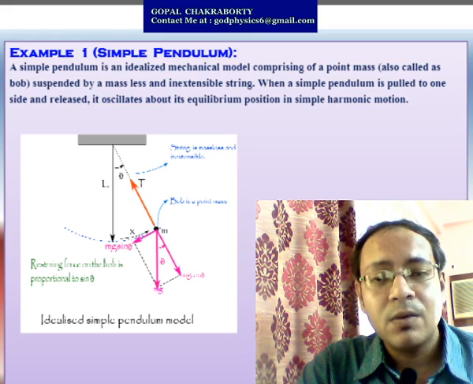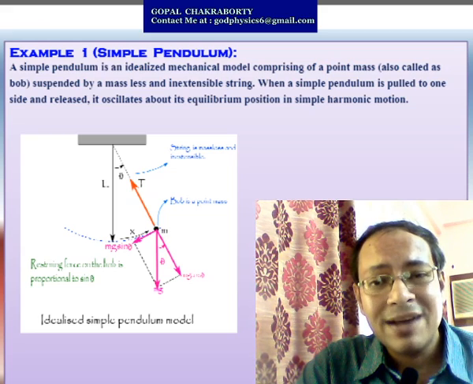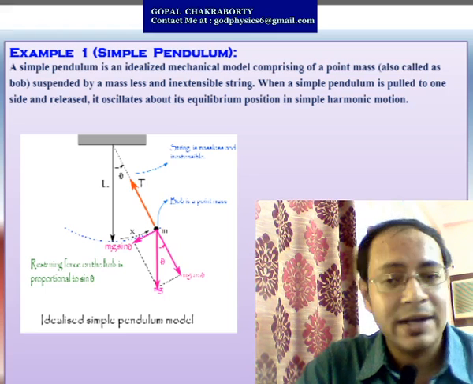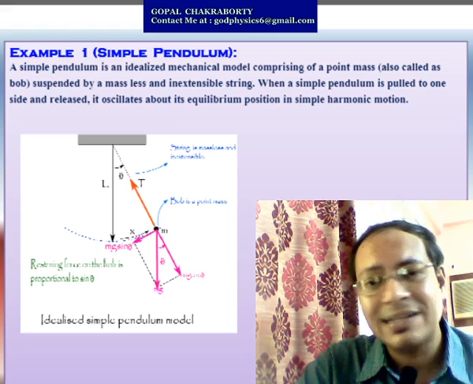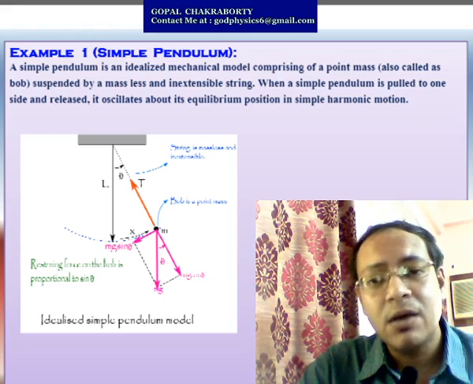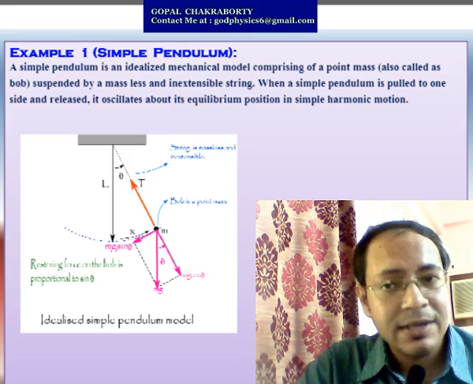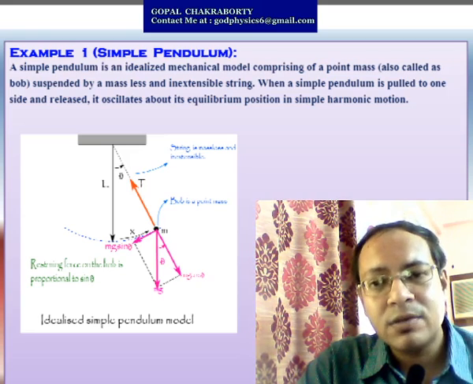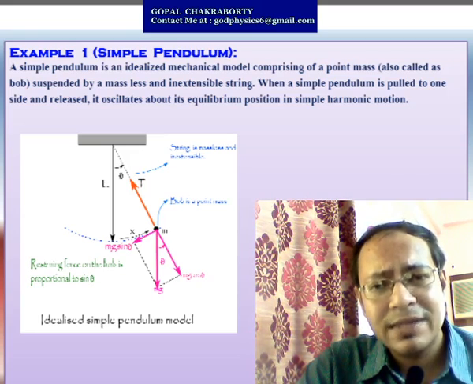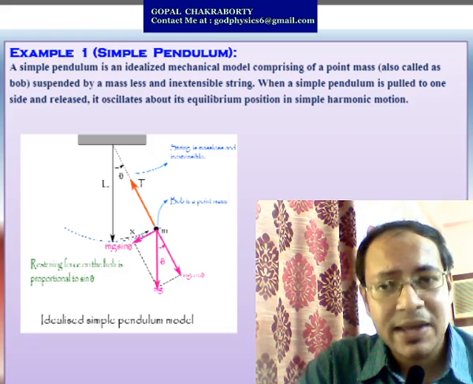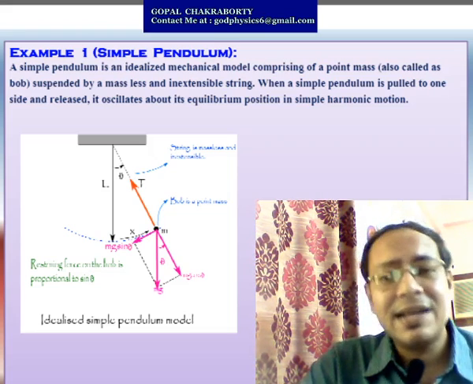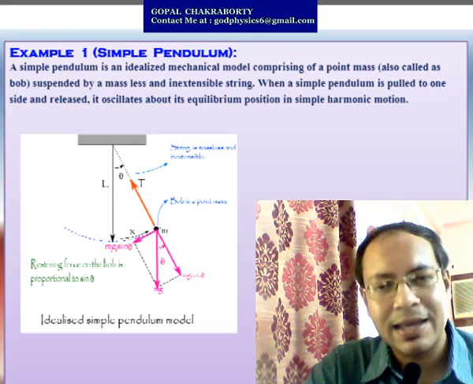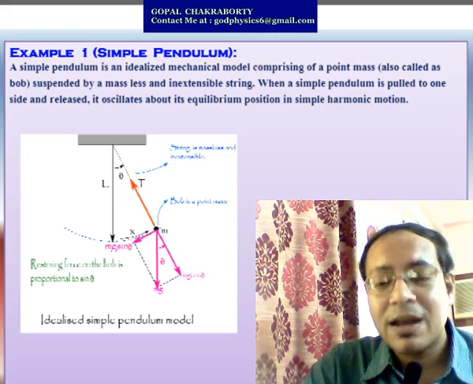The mass of the bob is m, and the corresponding weight of the bob will always act in a downward direction, that is mg, which has two components: mg cos theta and mg sin theta. mg cos theta will be cancelled out by the tension of the string. So mg sin theta basically acts as the restoring force for which the particle executes simple harmonic motion.